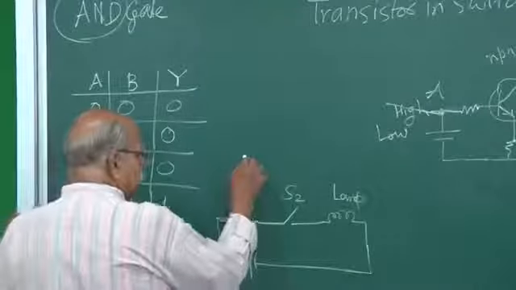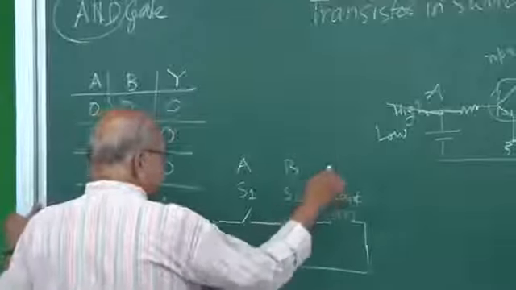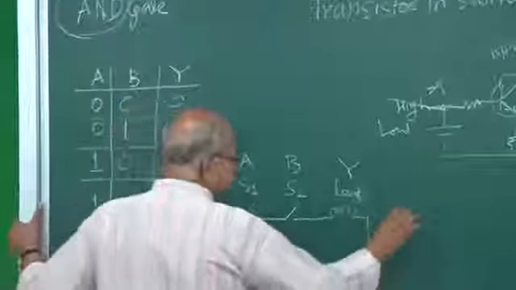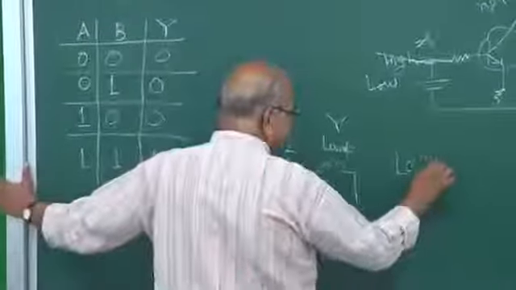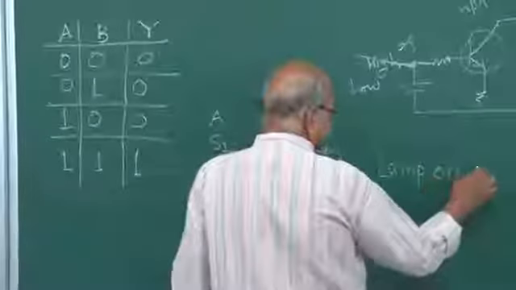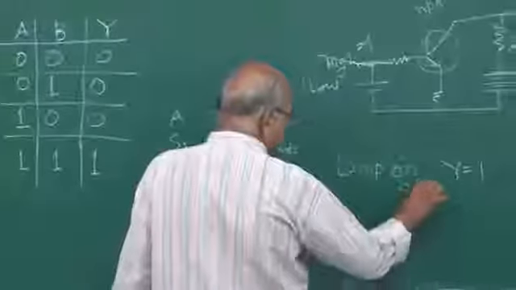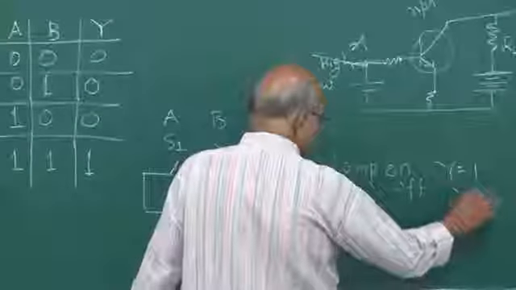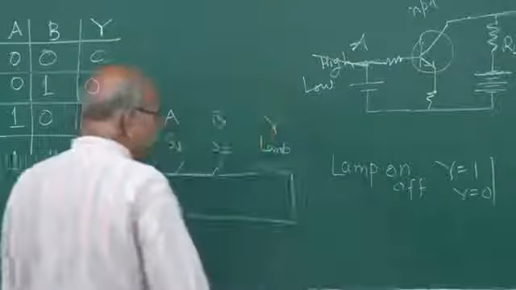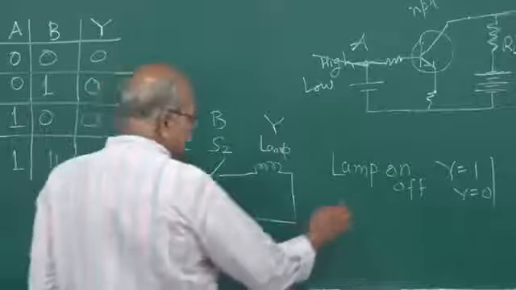You can treat this as A, this as B, and this is Y. Lamp on, Y is equal to 1, and lamp off, Y is equal to 0. So that's the output.